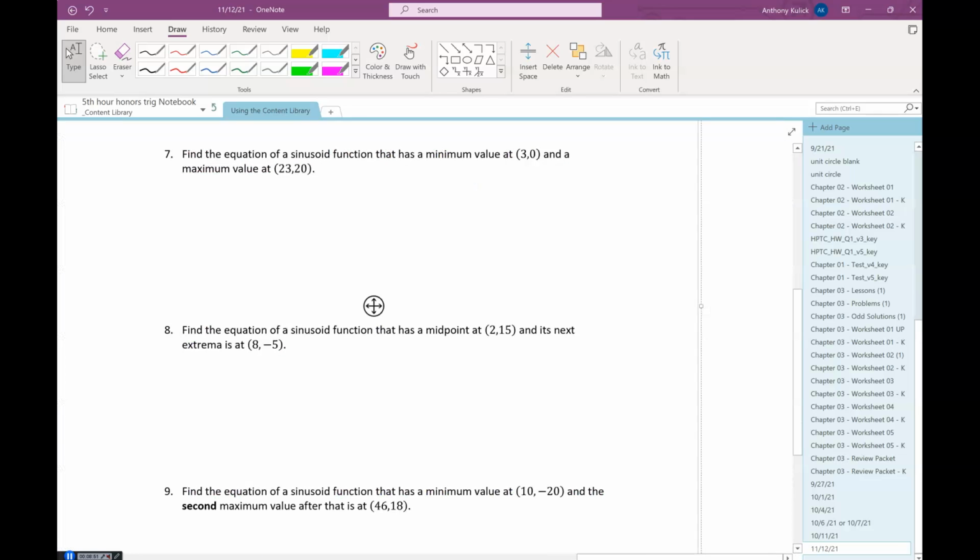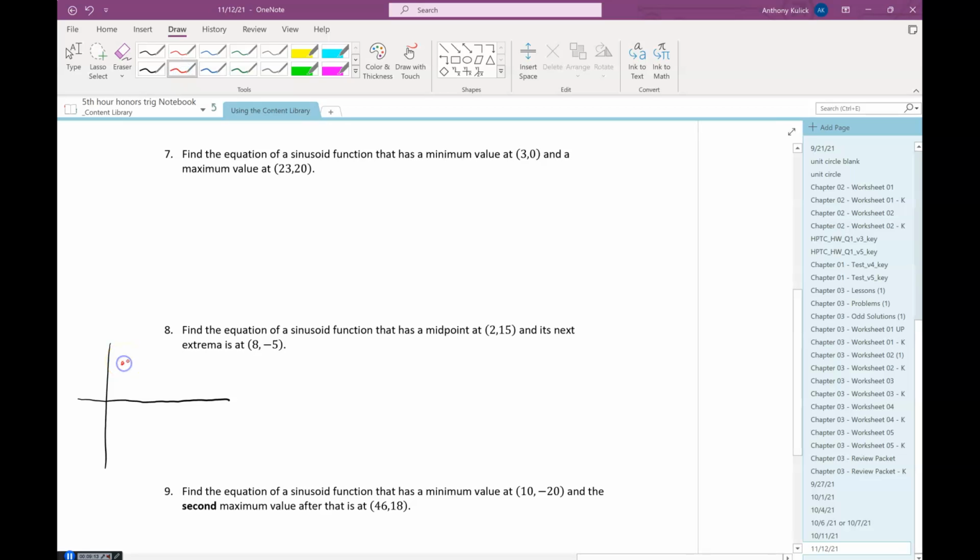Okay. It says find the equation of the sinusoid function that has a midpoint at (2, 15) and the next extrema is at (8, -5). So I'm going to sketch a little bit of a picture here to get an idea of what's going on.